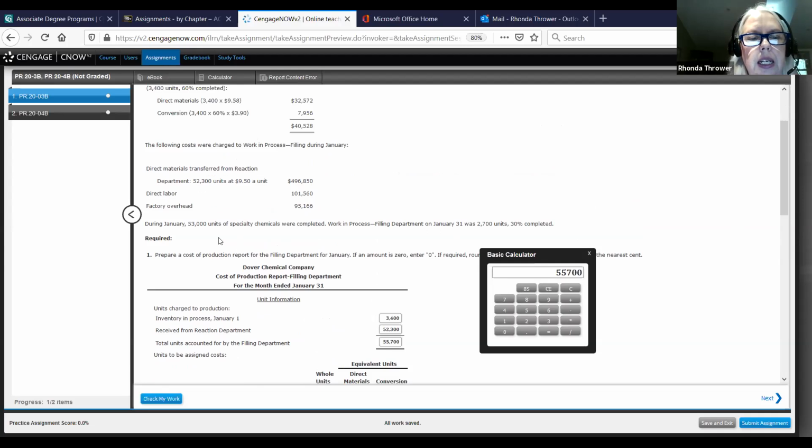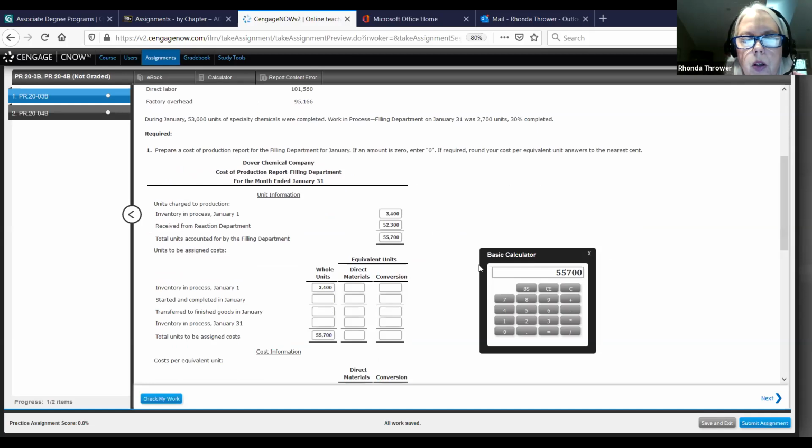You can see that in the information, they told you that during January, 53,000 units were completed. The work in process filling department at the end of the period was 2,700 units. So 2,700 units, I'm going to plug in here.